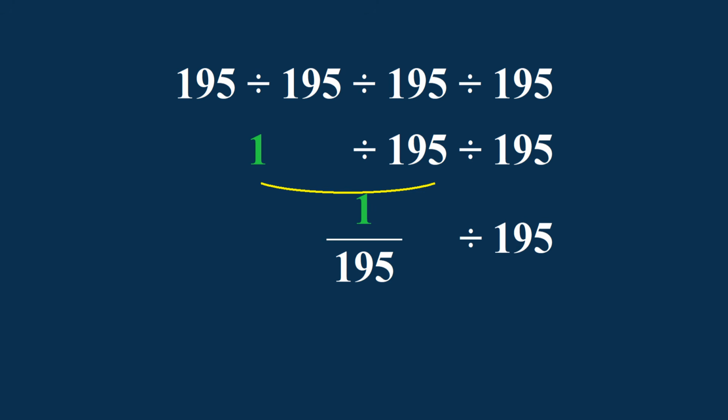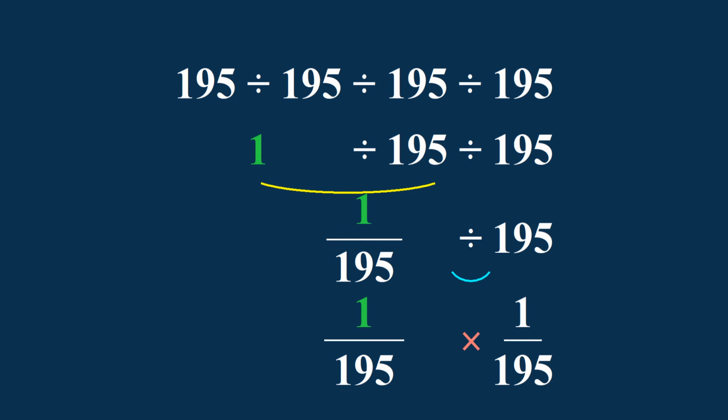So we must keep the first fraction 1 over 195 and change division to multiplication times. Then flip the second fraction 1 over 195, which equals 1 over 38,025. And this is our final answer for this problem.